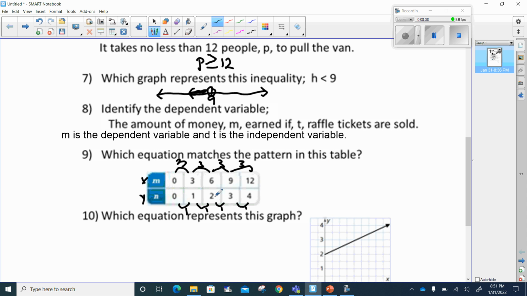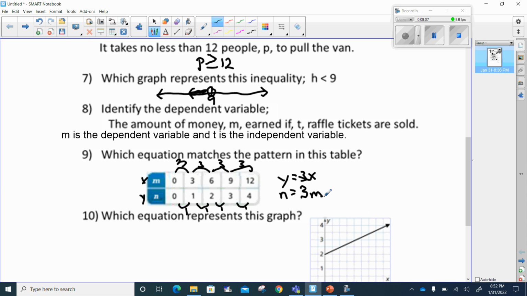So we can say that Y is equal to, and that's 1Y, is going to be equal to 3X. So since we're using these variables, we're going to say N is equal to 3M.